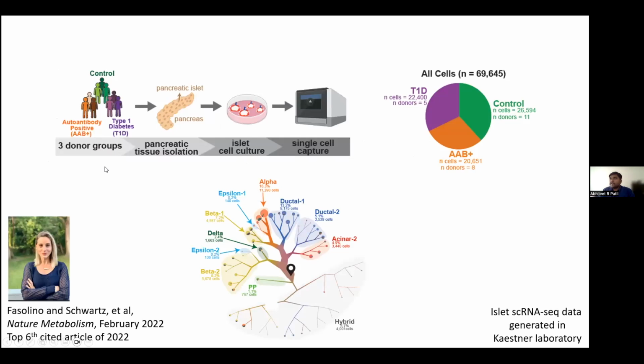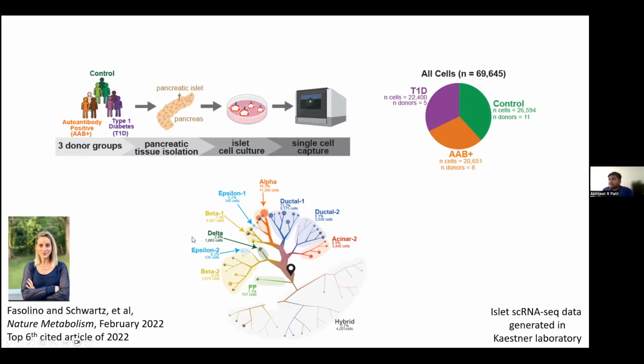As we see here, there are 3 donor groups, pancreatic islet isolation, and then single cell sequencing. If you look at the distribution of the number of cells across all these 3 groups, there are around 20,000 cells each, comprising a total of around 70,000 cells.